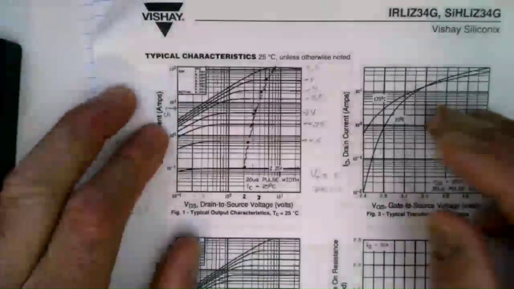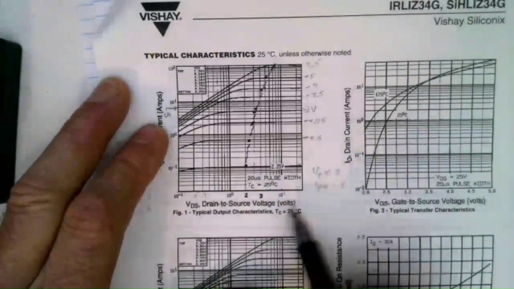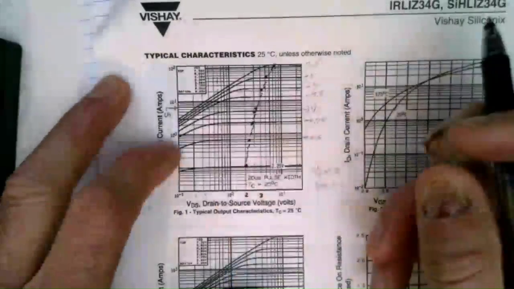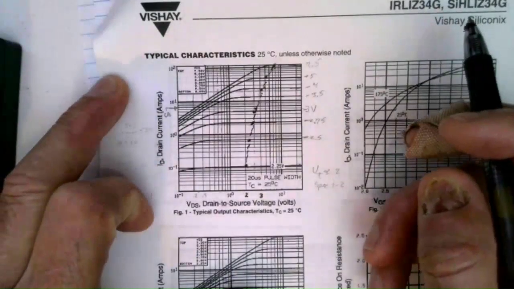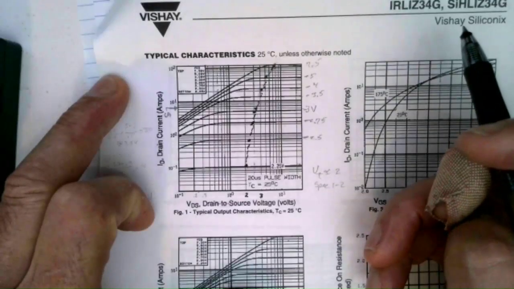So what are we looking at here? We've got the drain source voltage on the x-axis and drain current on the y-axis. Unfortunately, they're logarithmic, so the curves don't look like they're supposed to look. And remember, VDS equals VGS.